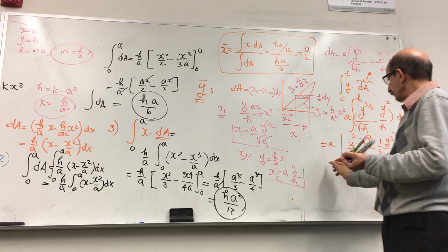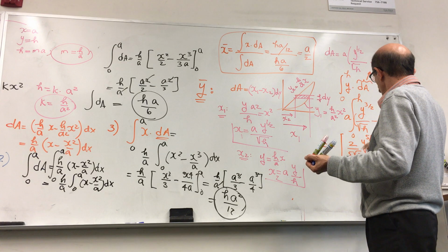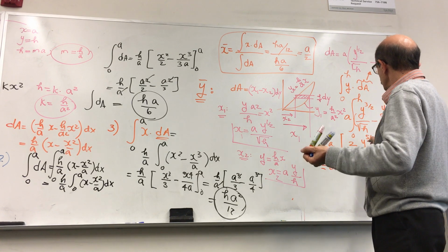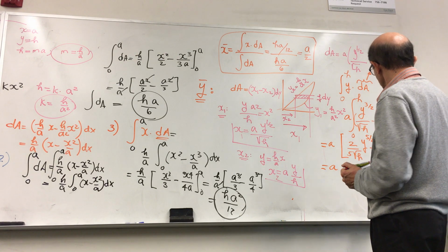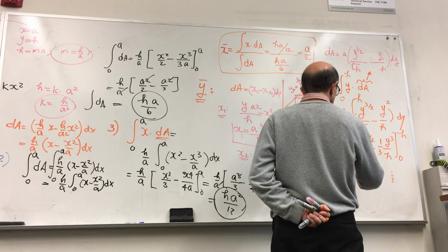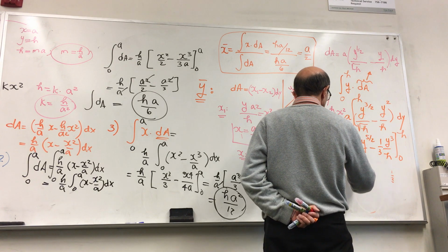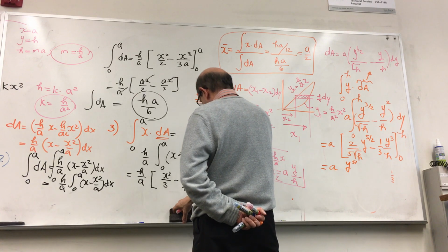To substitute for h, you get a times, h to the 5/2.